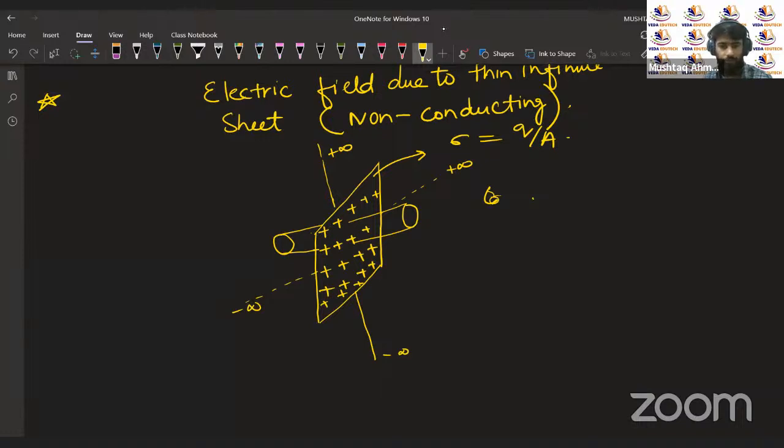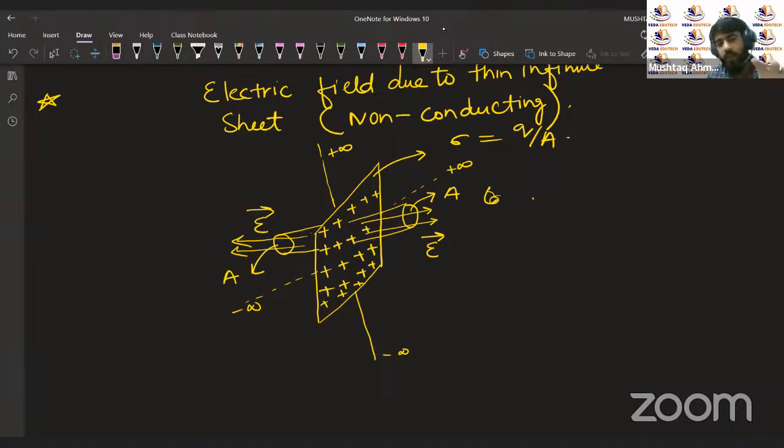Let's suppose the electric field due to this infinite sheet will be directed along this direction, like this. These will be the electric field lines, E vector, correct? Let me suppose that the area of this circular portion is A and the area of this circular portion is A here also, right?